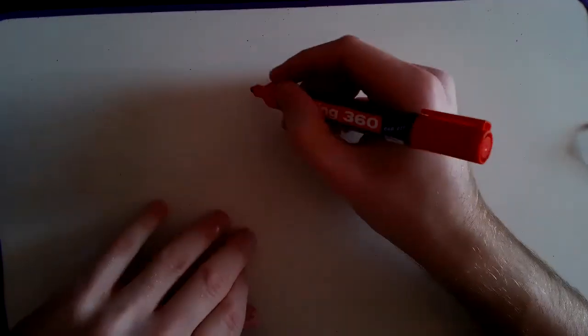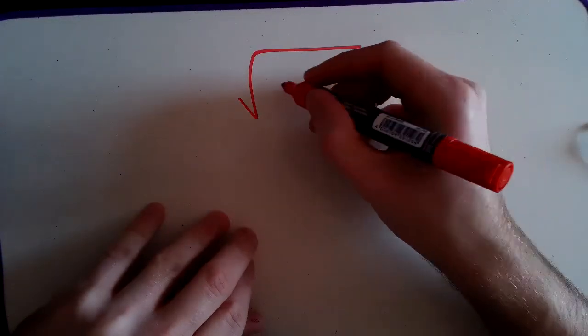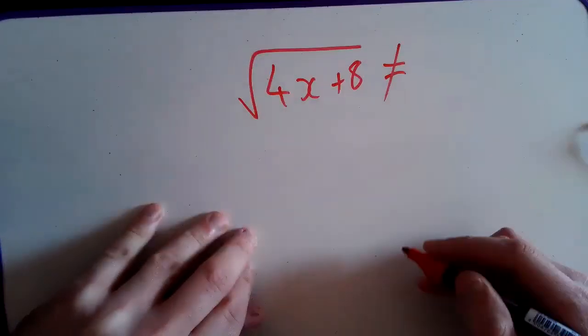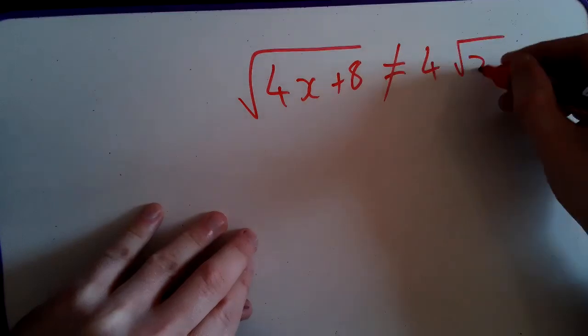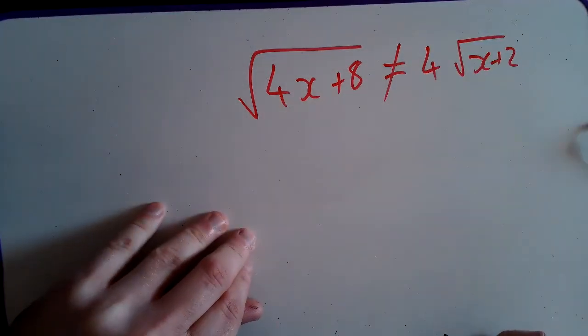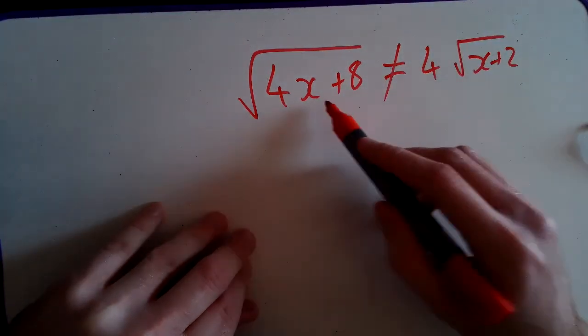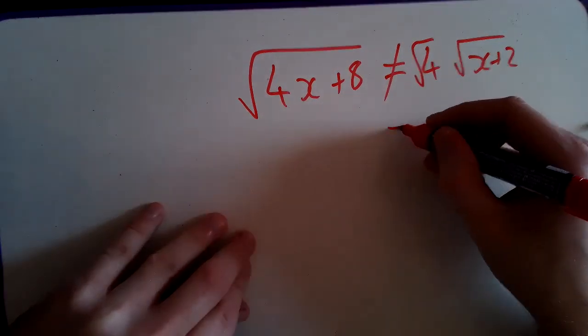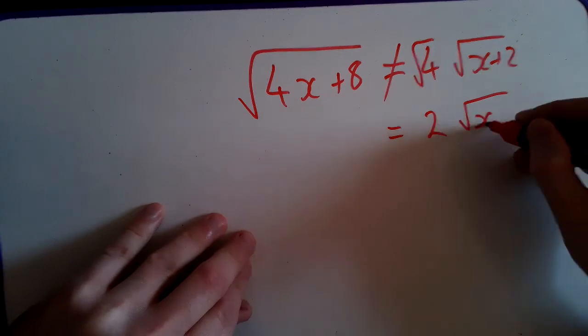Same thing as before. If I've got root of 4x plus 8, what I'm not allowed to do is take out 4 and then just write root x plus 2. If I want to factorize out the 4, I need to factorize out the square root as well. So it does equal 2 root x plus 2.